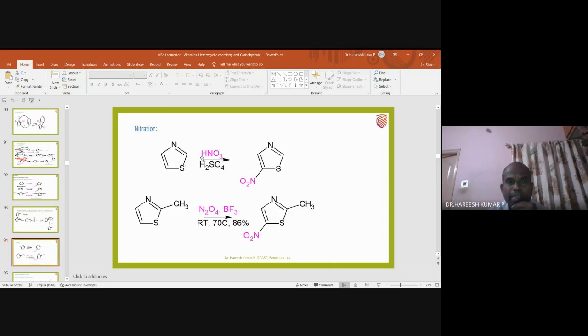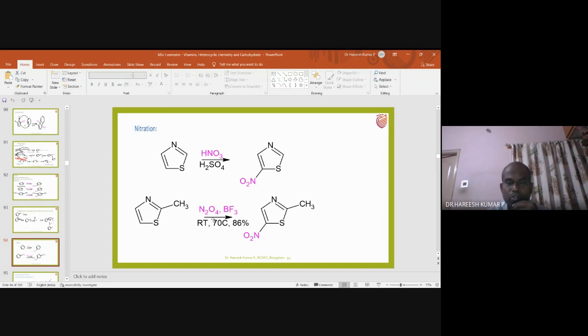This is again a nitration. Here the nitrating mixture is used. The nitrating mixture means HNO3 and H2SO4. Here the nitronium ion is generated. The nitronium ion is an electrophile and it attacks the fifth position of the thiazole. That is the reason the obtained compound is 5-nitrothiazole.